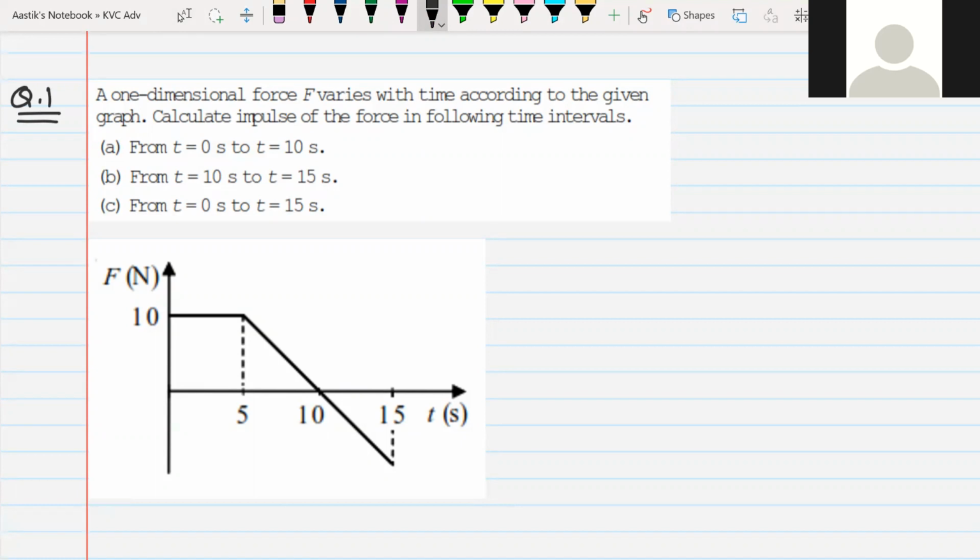I'll give you 2 minutes to do this, not 5. I hope you remember force, time, impulse. Yes or no? Okay.